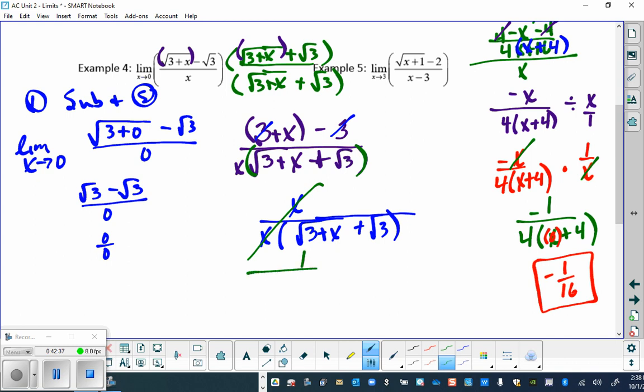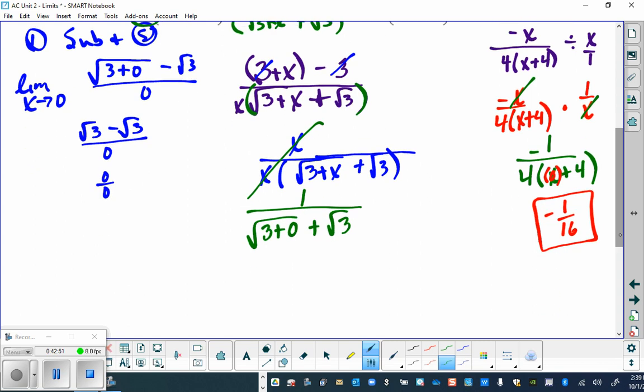Now when I have 1 over the square root of 3 plus, I can plug in my value, 0, plus the square root of 3, and I can have 1 over 2 roots of 3.